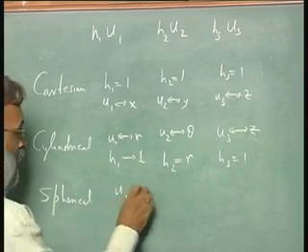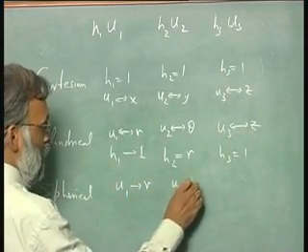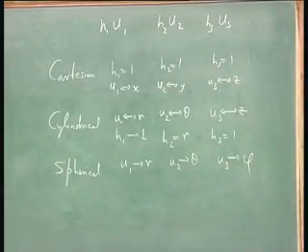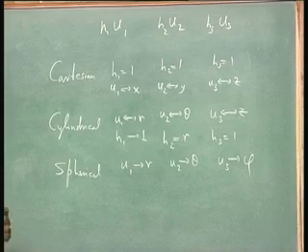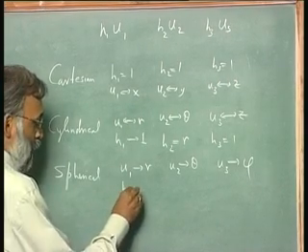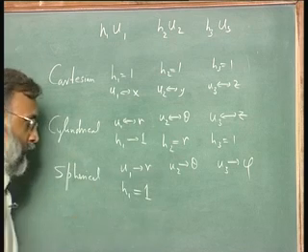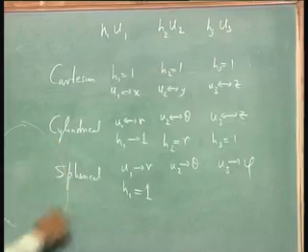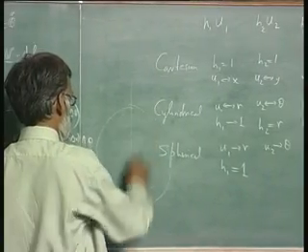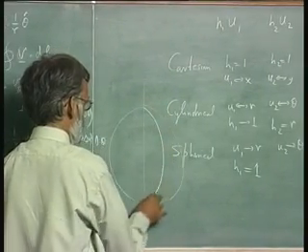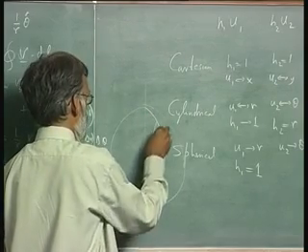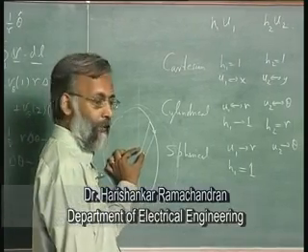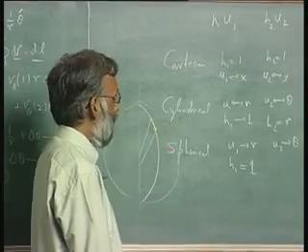If you go to spherical, your u1 is r, your u2 is theta, and your u3 is phi. Distance in spherical coordinates along r is dr. So, h1 is unity. If you go along theta, so that means this is my axis, I go on a great circle. If I go on a great circle by a distance subtended by delta theta, this distance is r delta theta.